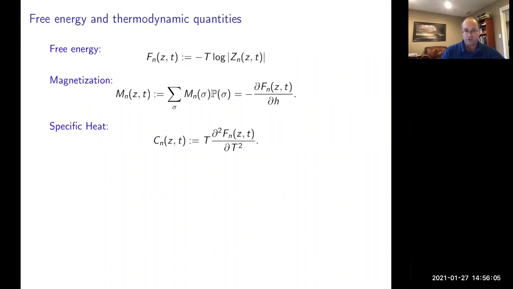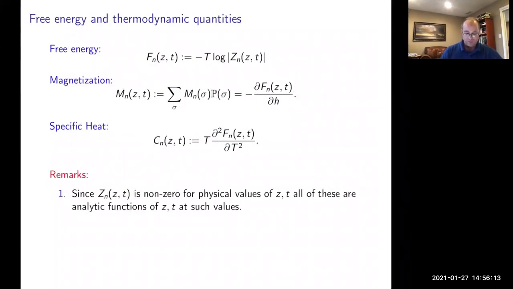Similarly, you can check that the specific heat is expressed in terms of a second derivative of the free energy. And so the moral of this is that, first of all, since the partition function is non-zero for all the physical values of z and t, these thermodynamic quantities, the magnetization and specific heat, are analytic functions of z and t for finite n.